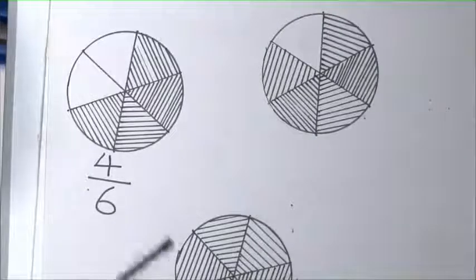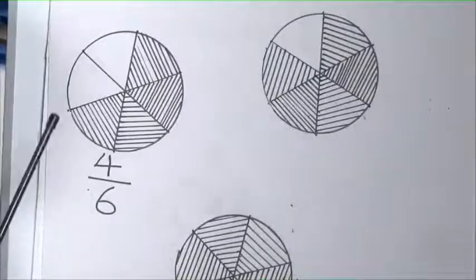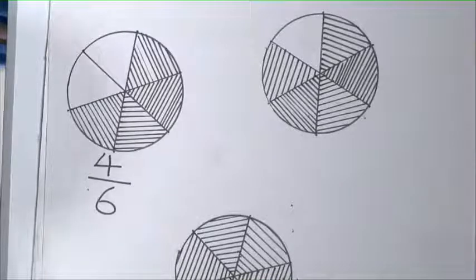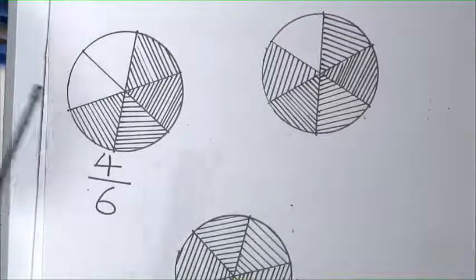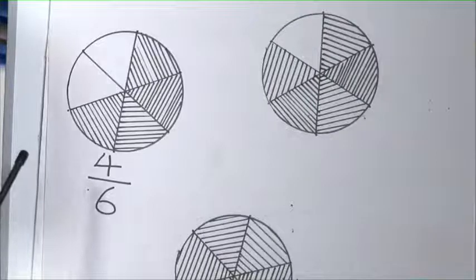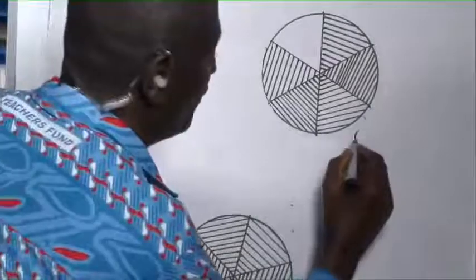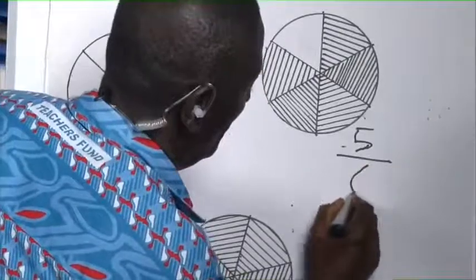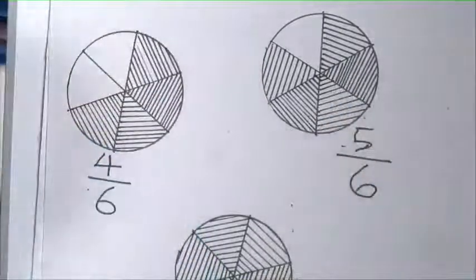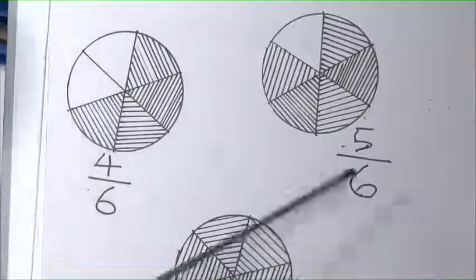And so, children, if we have 6 equal parts inside the circle and 5 parts have been shaded, what fraction has been shaded? Yes, 5 out of 6, which we call 5/6. Again, 5/6. Good.